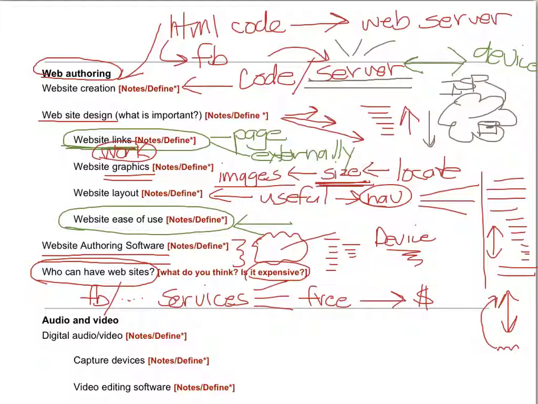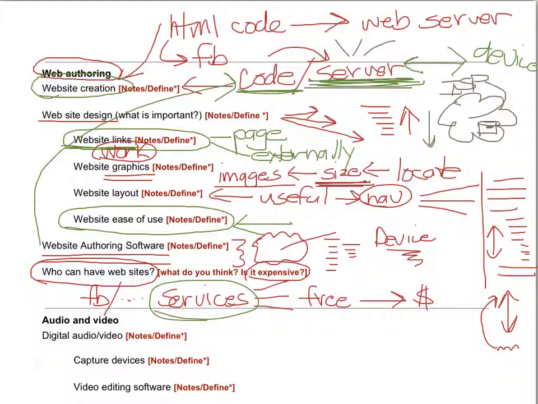So in a nutshell, you need to have a server to put your content, and you need the code. You can use web authoring software to create the code, or there are some services that allow you to create a website with little knowledge at all of code.